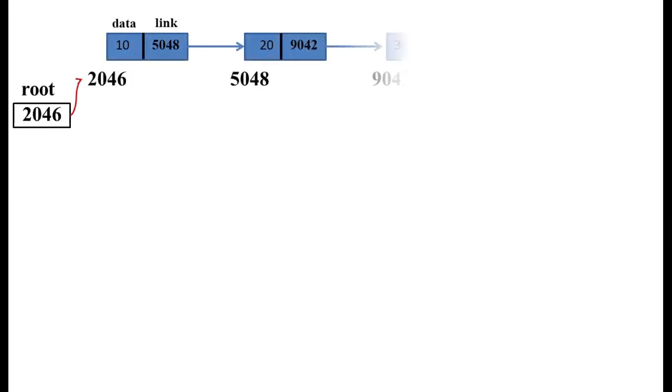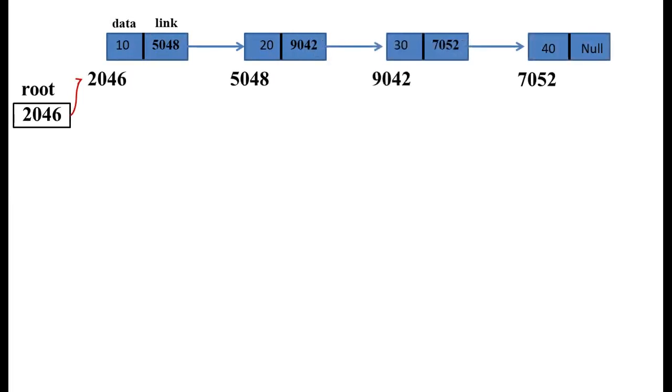Now we are adding a node at the beginning of the list, that is, at the start of the list. Let us consider this simple linked list with 4 elements. Say this is the first element, this is the second element, this is the third element, and this is the fourth element, like this, with some values in it.